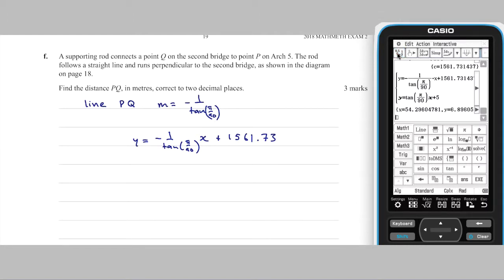And this gives us the coordinates of point Q. Now the distance PQ can be found, using the distance command that I have pre-programmed into a user-defined function on my class pad.